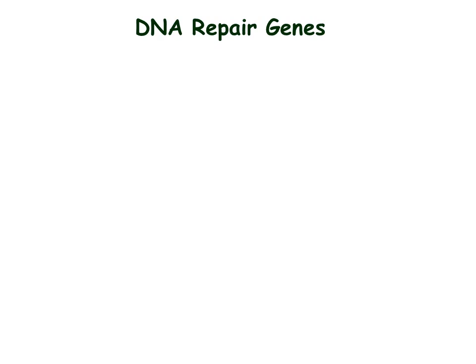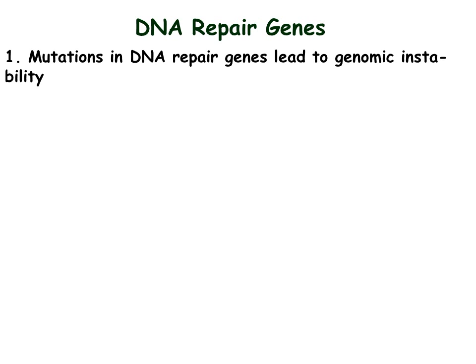Which leads us finally to a discussion of DNA repair genes. If you have a mutation in a DNA repair gene, what does that do? Well, it means that when the cell divides and makes a mistake, a DNA polymerase error or something, a lot of times it can't be corrected.